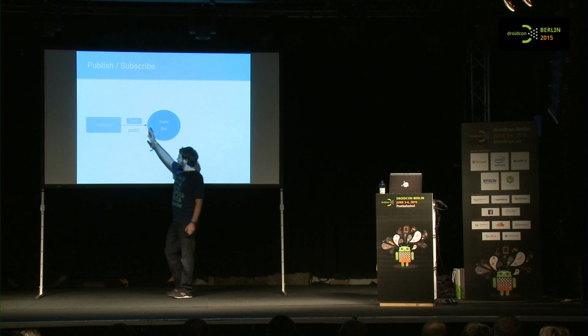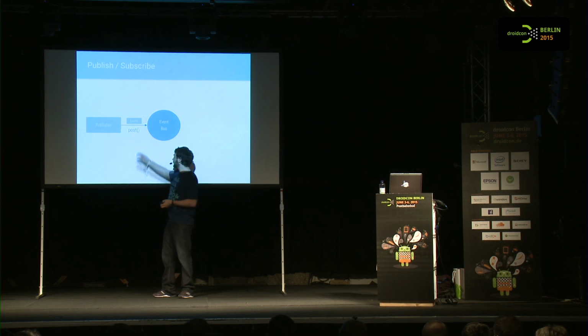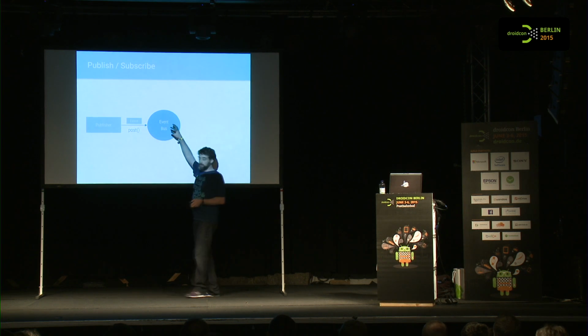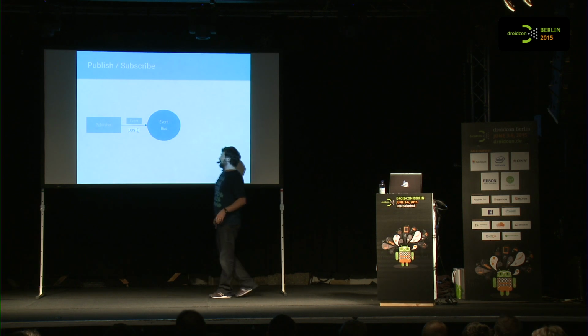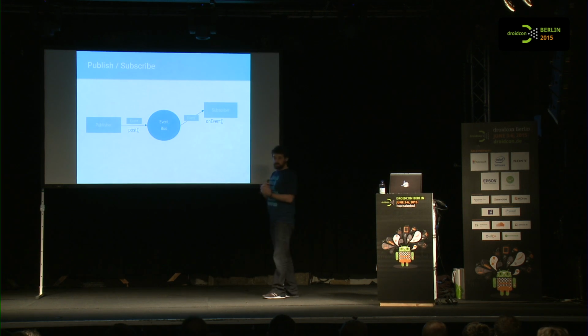What we call a publisher is the sender of an event, or the poster. There's a post method in the Eventbus class, and you pass an event, and then it's getting delivered to all the interested parties, so the subscribers.